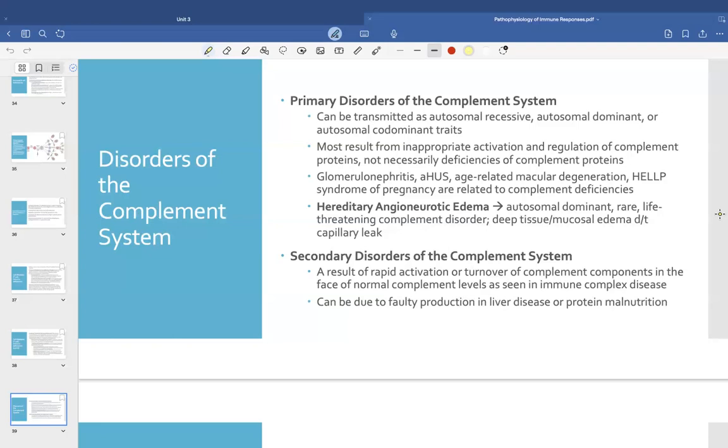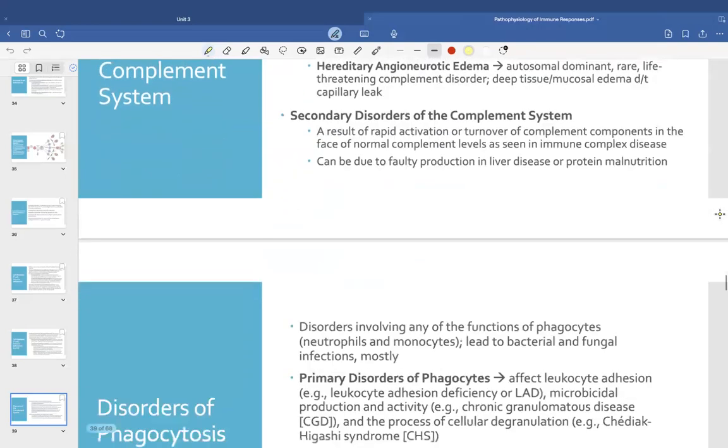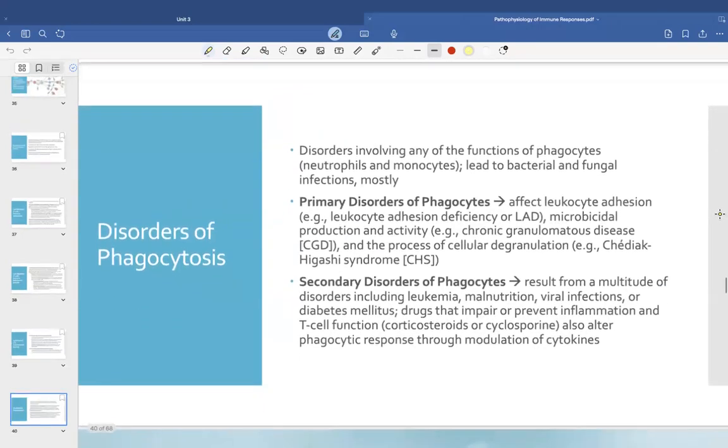There are specific disorders involving phagocytes. And remember which ones are your phagocytes: mostly your neutrophils and monocytes. Therefore it's going to lead to mostly bacterial and some fungal infections. This is your innate immune system.